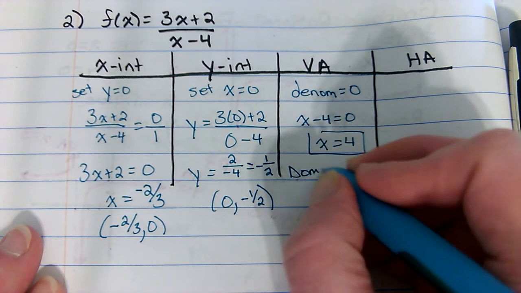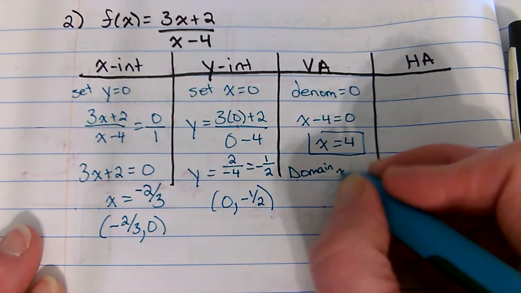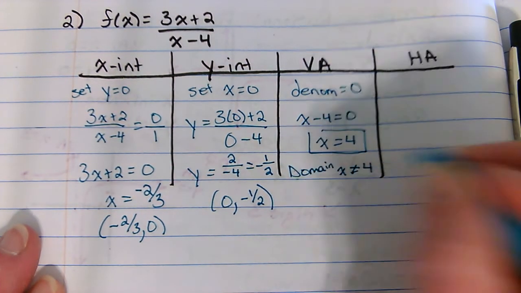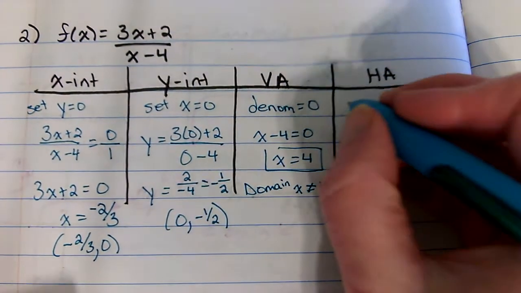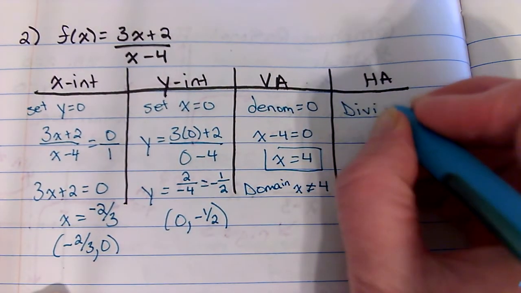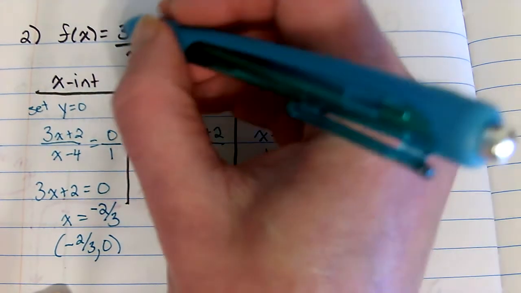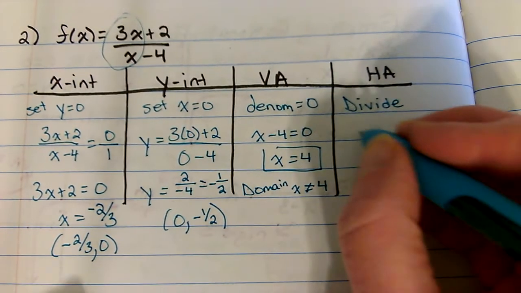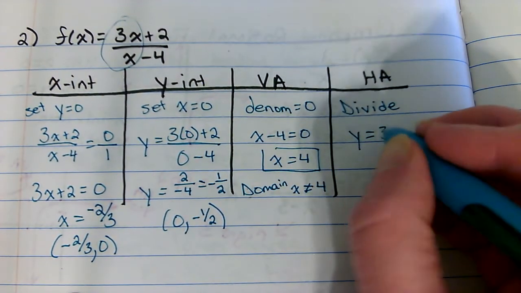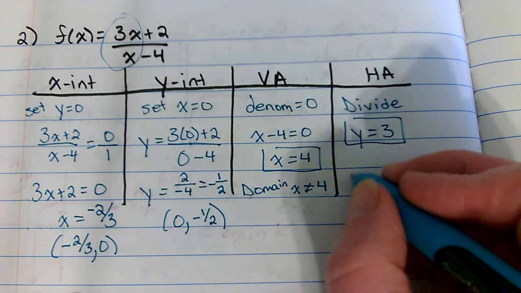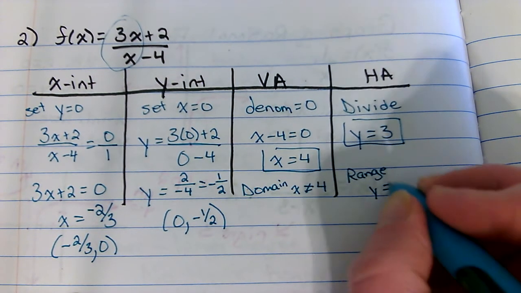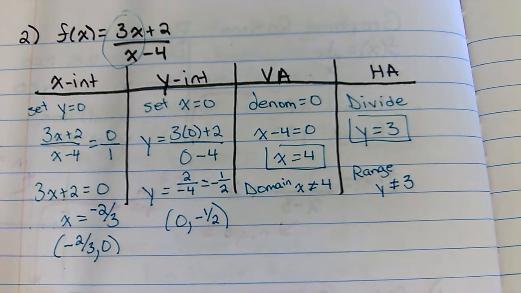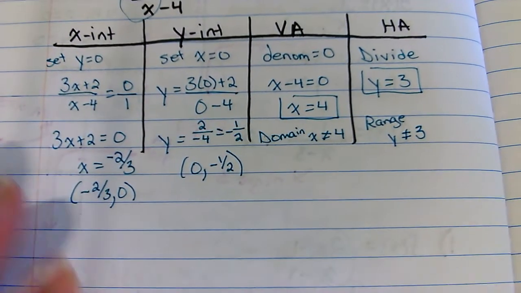This means my domain is going to be x cannot be 4. Horizontal asymptote. Divide. So I'm dividing the 3x and the x. I get y equals 3. So the range is y is not 3.